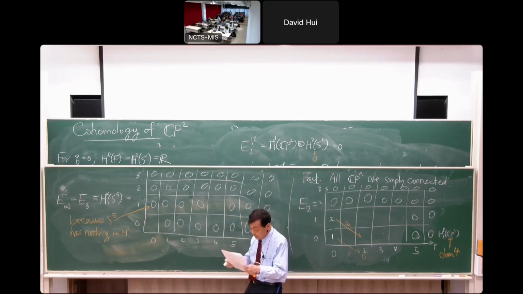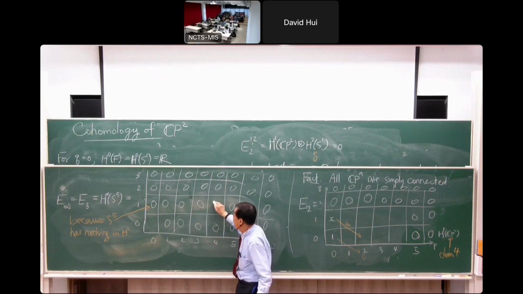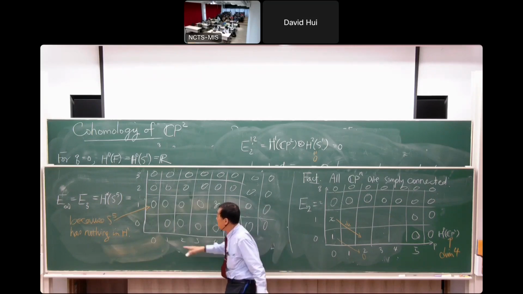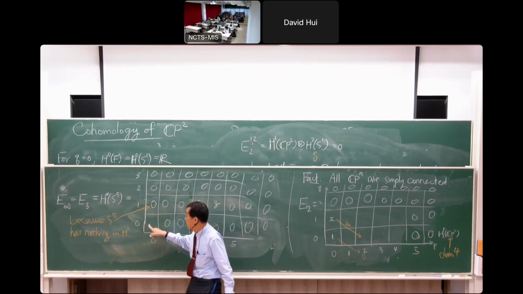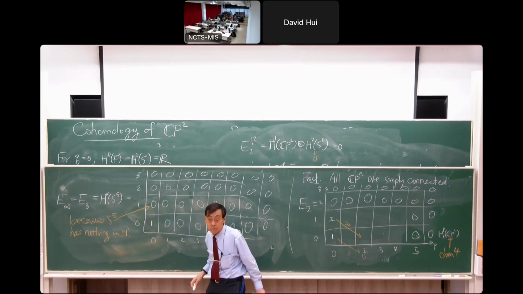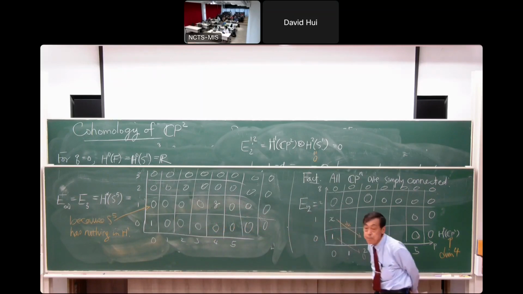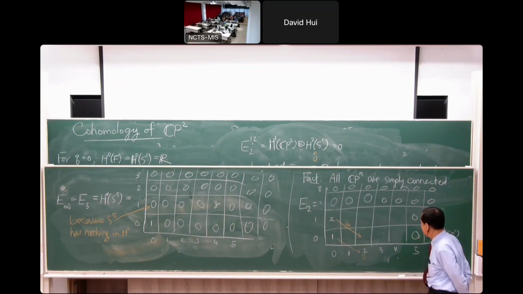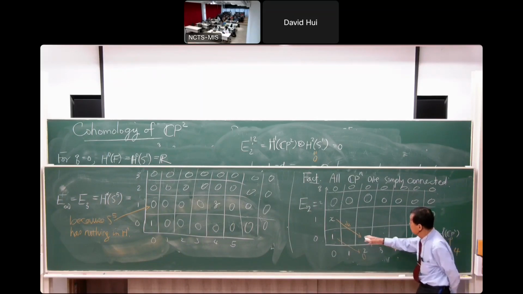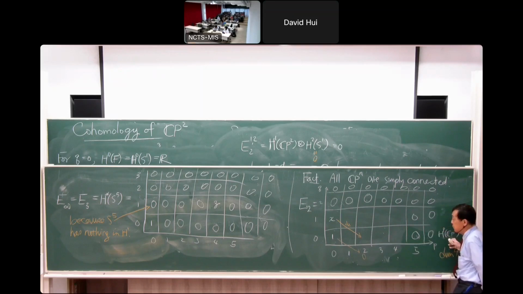So there is something there, and I'll call the generator Z, and then obviously here, that's H0, so it's generated by the constant function 1, okay? So that's what E3 looks like, okay? So our goal now is to fill in these boxes. Once we fill them in, then we know the cohomology of CP2, okay?